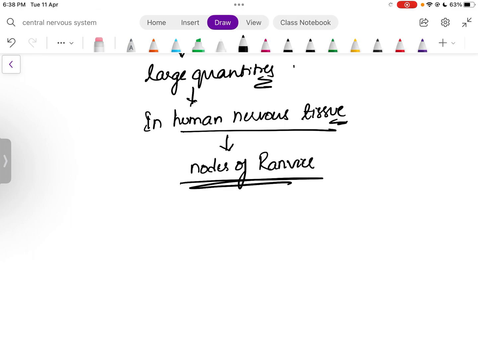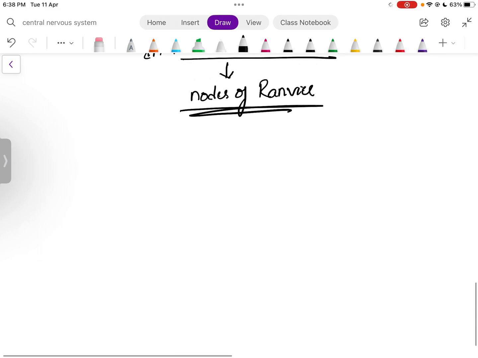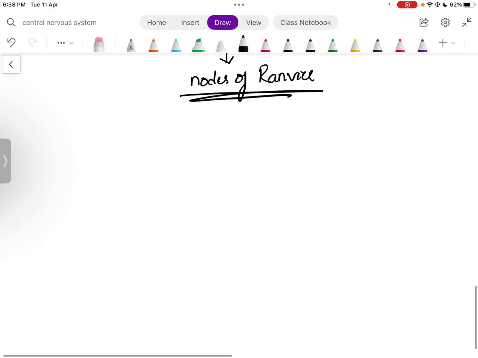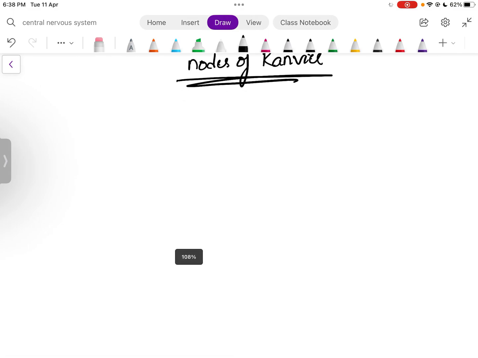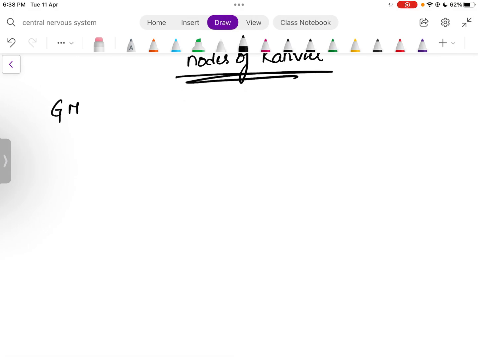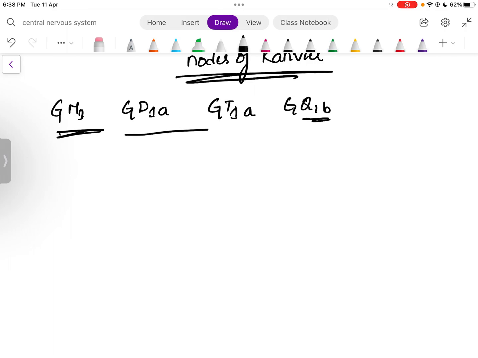We have GM1, GD1A, GT1A, GQ1B. These are gangliosides, other glycoconjugates which are present at the nodes of Ranvier.